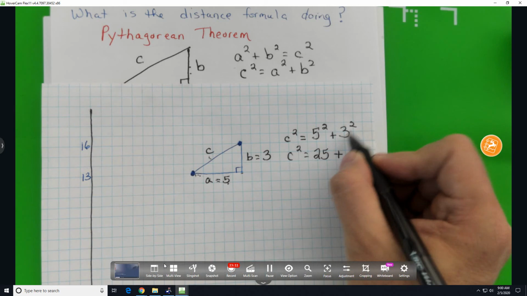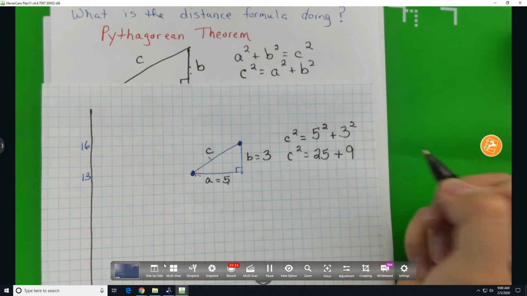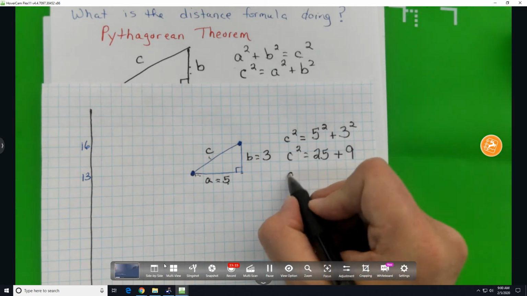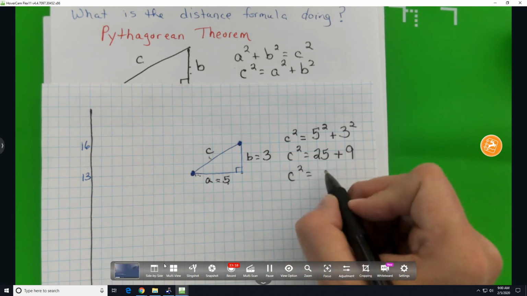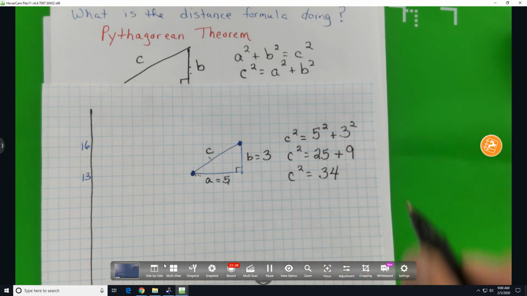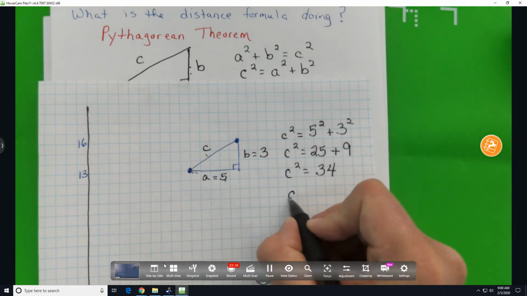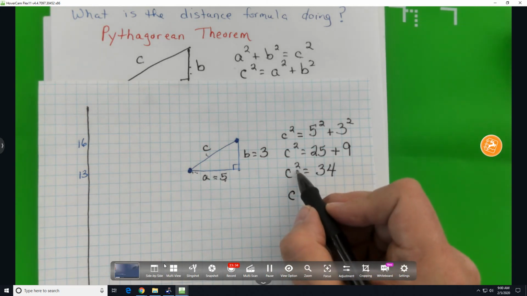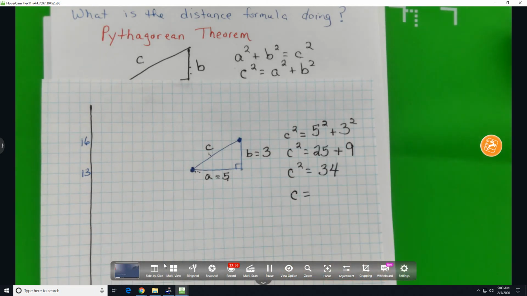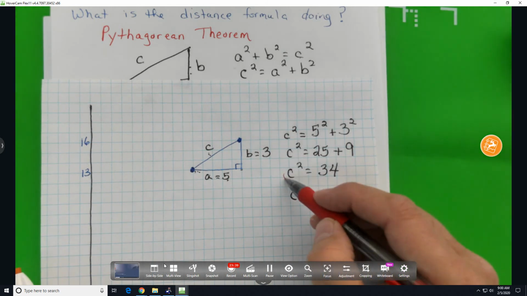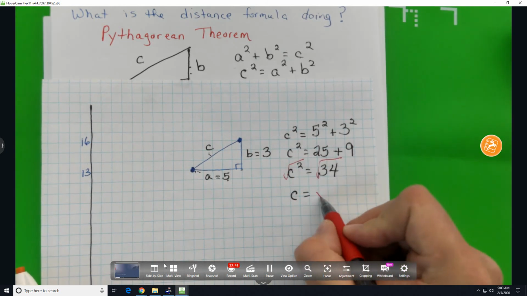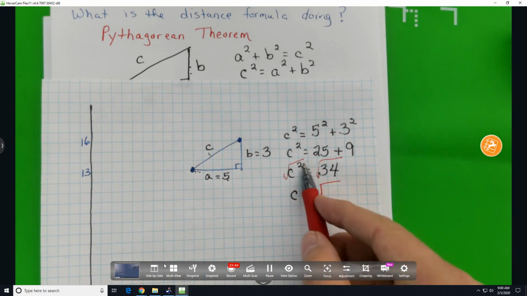Once I square the 3, I get a 9. 25 plus 9 is 34. What we're trying to find is C, not C squared though. So what do I do to cancel out the square? Just a square root? You could do this, square root on both sides. The square root and the square cancel out.